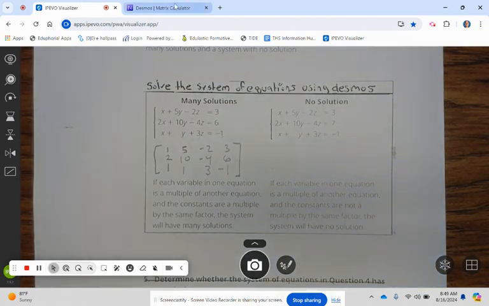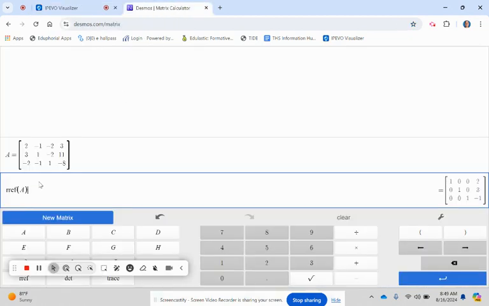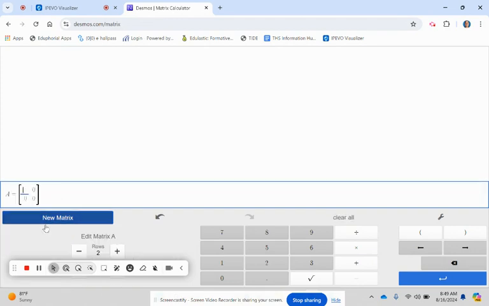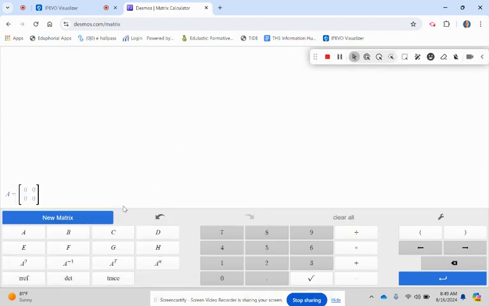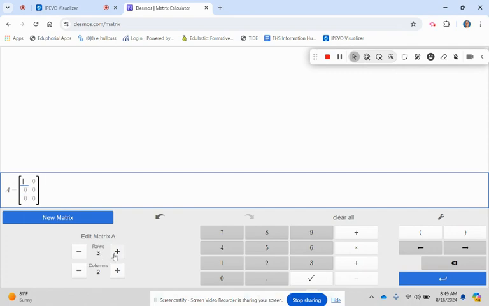All right, let's go ahead and put that in Desmos. So new matrix. So then that's 1, 5, -2, 3, 2, 10, -4, 6, 1, 1, 3, -1.